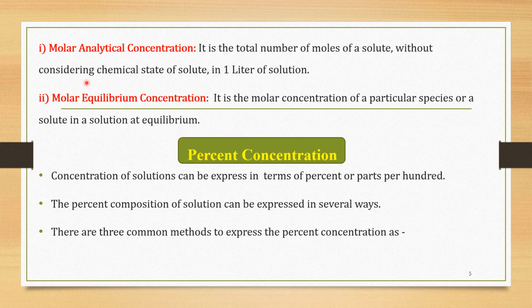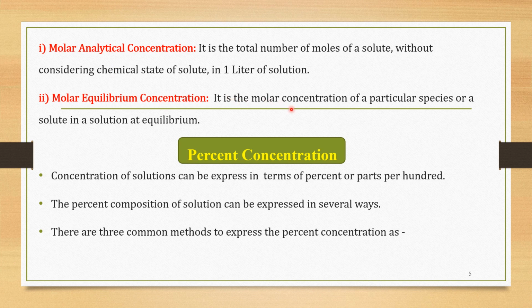This molar concentration can be expressed in another two different ways. One is the molar analytical concentration and the second one is the molar equilibrium concentration. The first one, molar analytical concentration, is the total number of moles of a solute, without considering the chemical state of the solute, in 1 liter of a solution. The second is the molar equilibrium concentration.